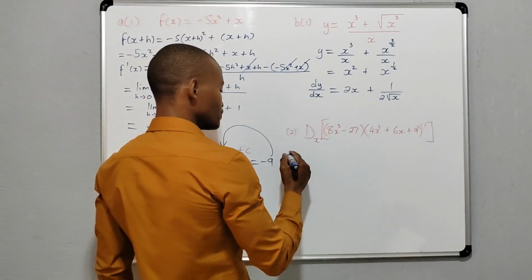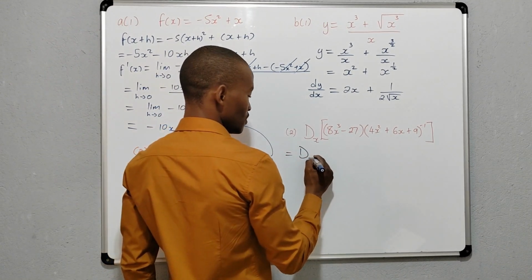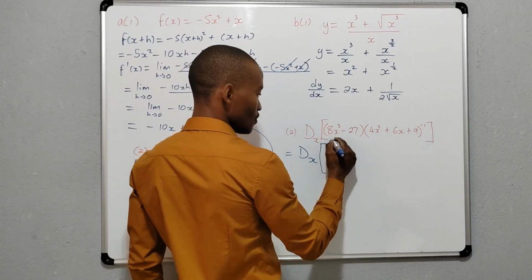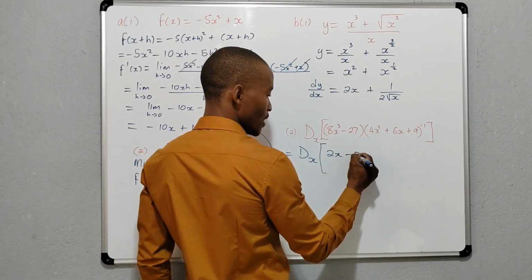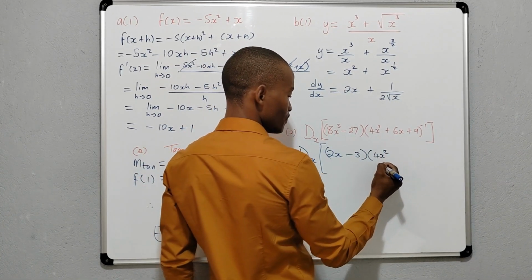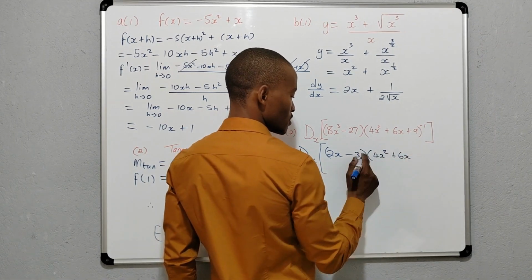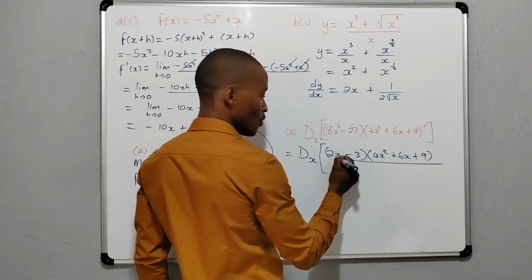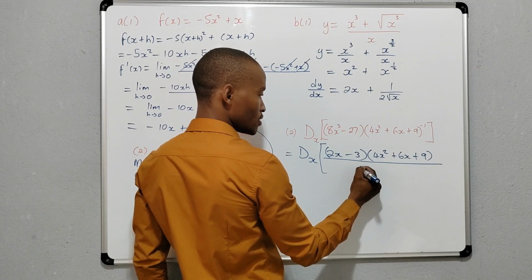Okay, so what is this equal to? It's the same as differentiating the following. What are the factors here? 2x minus 3, times 4x squared, okay, product of these two, plus 6x, the square of 3, plus 9, over what? Exponential law applying there becomes a denominator, right?